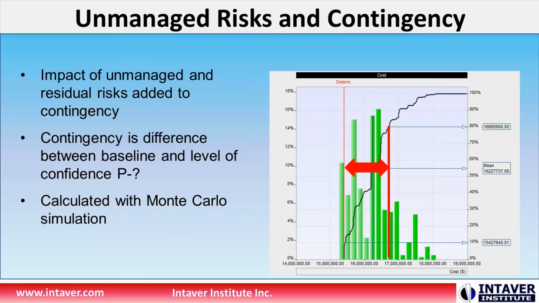Once we've run this analysis and included the residual risk and the uncertainties, we can then start to look at how we're going to develop enough contingency in our project plan to protect our deliverables.